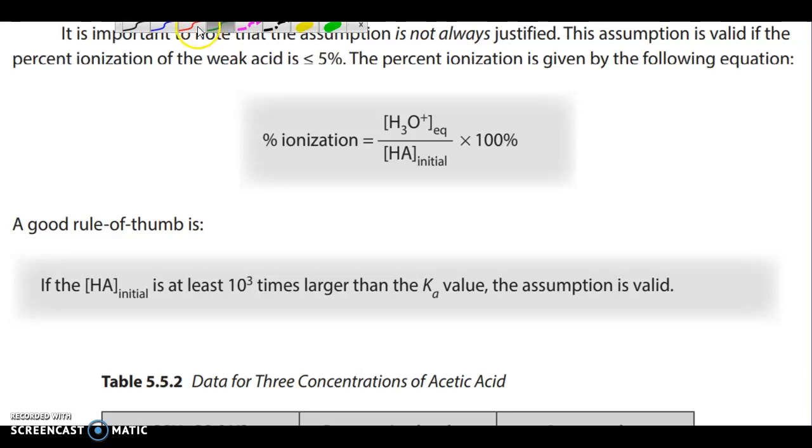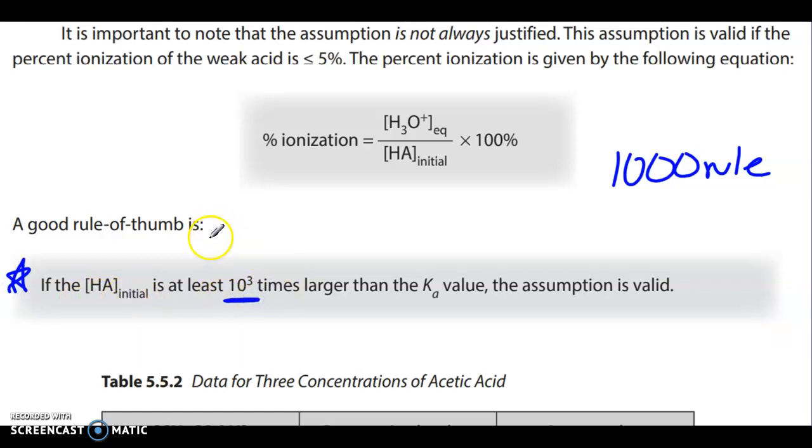This is going back to the 1,000 rule we learned about. If your initial concentration is at least 10 to the 3, which is 1,000, times larger than the Ka value, the assumption is valid.